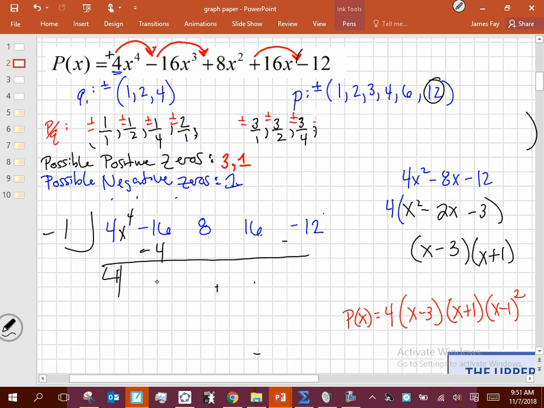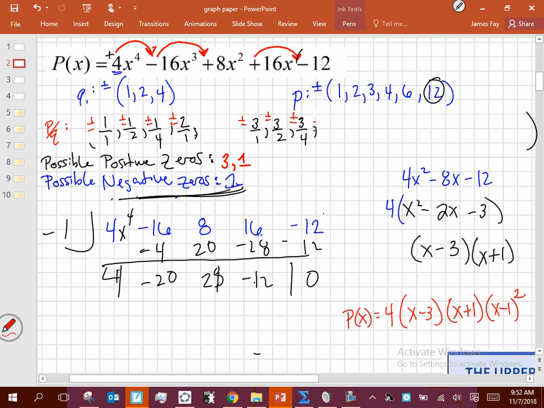Negative 4 here. So I get negative 20. Gives me 20 there, so 28. Negative 28. So it gives me negative 12. Positive 12, right? This would have been a negative 0, right? I'm only supposed to have 1 negative 0. So can I then go through my P over Qs and remove all the negatives and say I don't have to try any other negative divisors? All right, so that's the benefit of having that information in front of us as we're going through these problems.